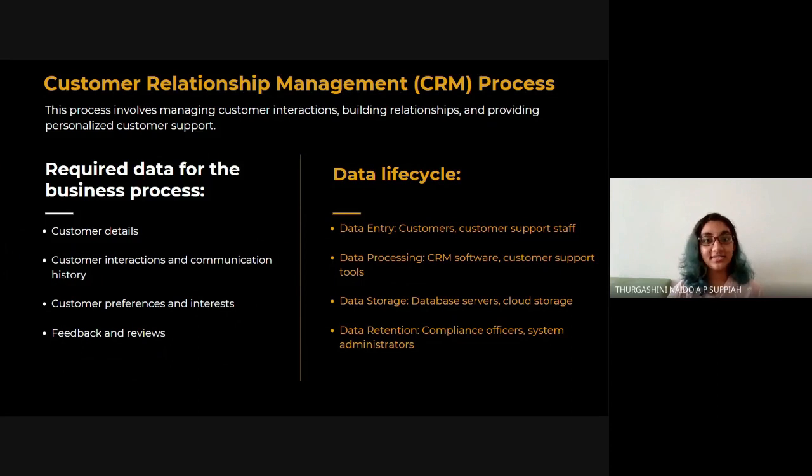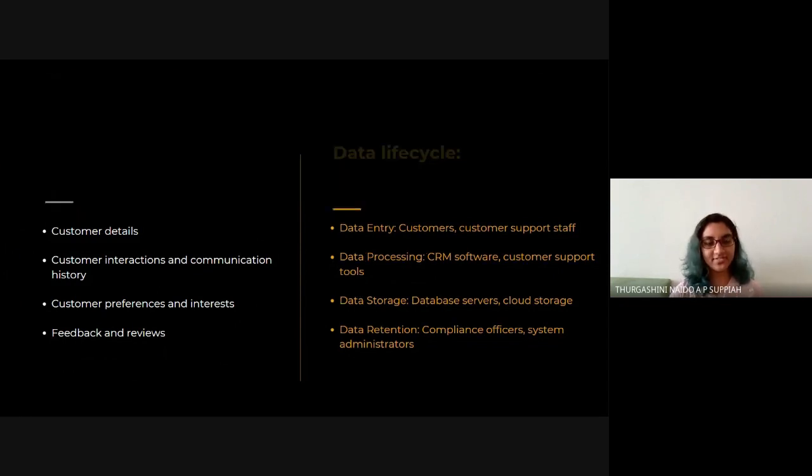The data life cycle is: data entry by customer support staff; data processing with customer relationship management software and customer support tools; data storage in data servers and cloud storage; and data retention by compliance officers and system administrators.